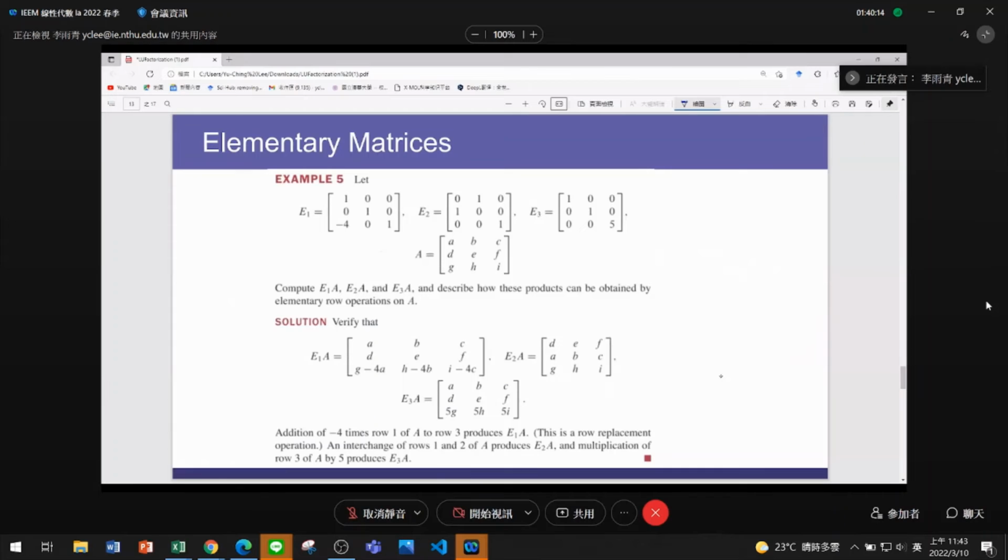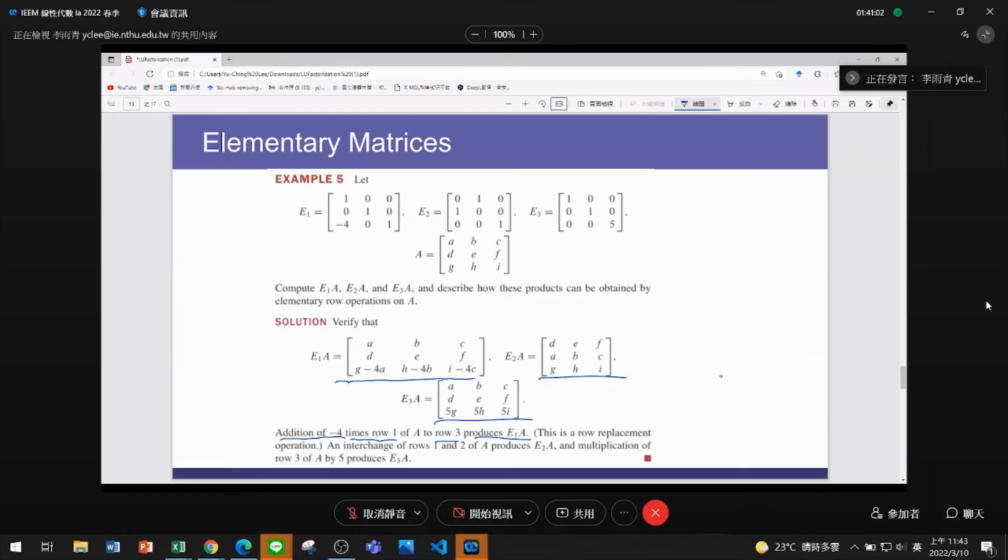Suppose we have E1, E2, and E3, and compute E1 times A, E2 times A, and E3 times A, and describe how these products can be obtained by elementary row operations on A. After we do the calculations, we find that the addition of -4 times row 1 of A to row 3 produces E1A.